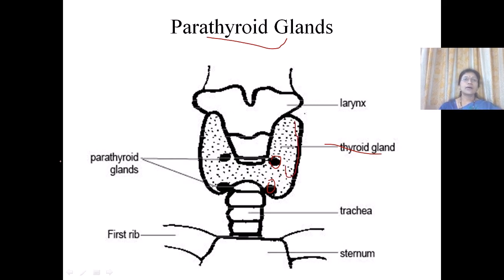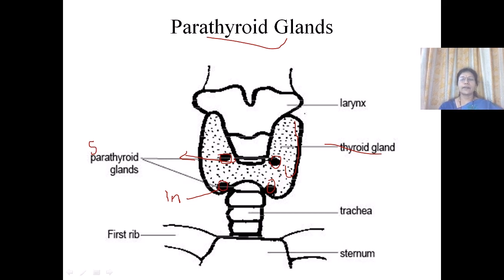The ones present at the anterior are called superior parathyroid glands, and the ones present towards the posterior are called inferior parathyroid glands. These parathyroid glands are of pea size.